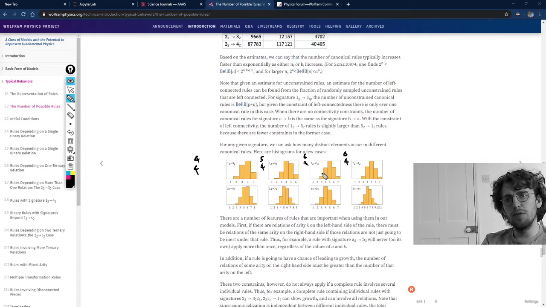Pretty much the same distribution here. Seven, 4, 4, 6, 3, 6. I'm not seeing any real pattern here. 5, 6.